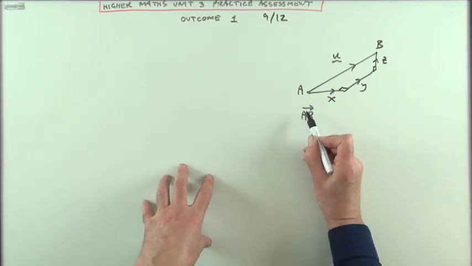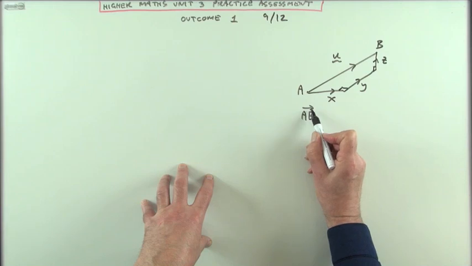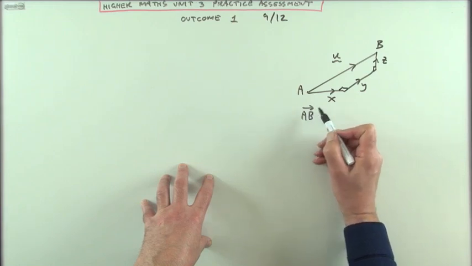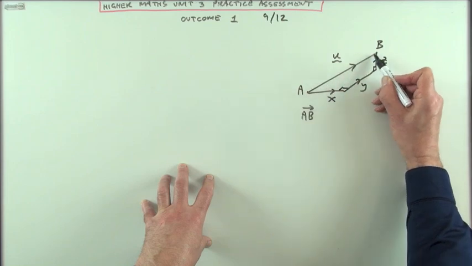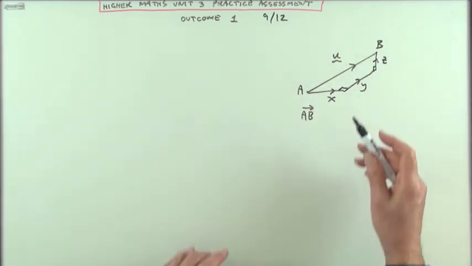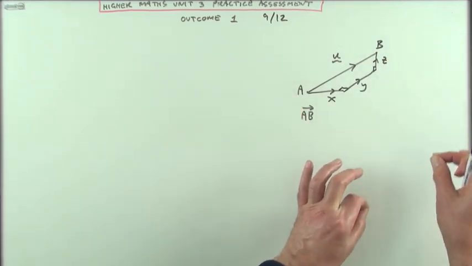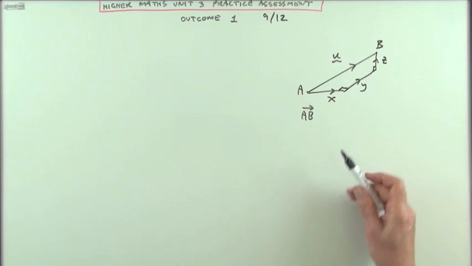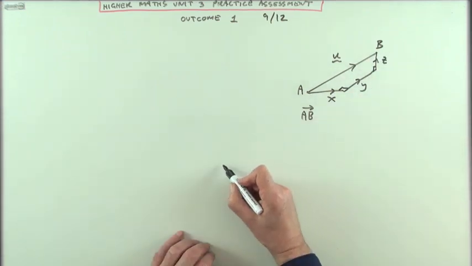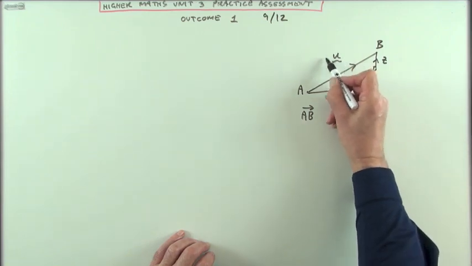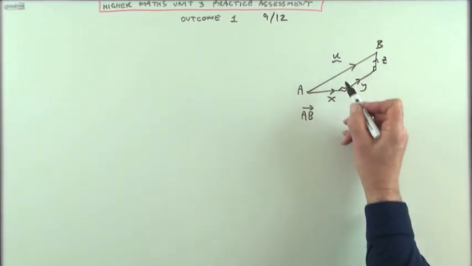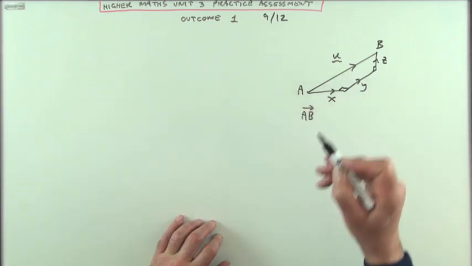Absolute meaning I'm starting at this fixed point and finishing at that fixed point, and this line only joins those two points. Whereas the move that was required to make that could be positioned anywhere. That would be a relative move from any point you care to use, and that's where it's handy to use this notation. u would stand simply for that move.